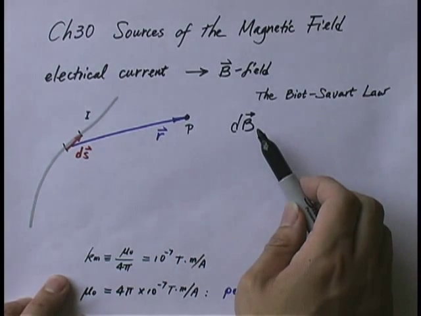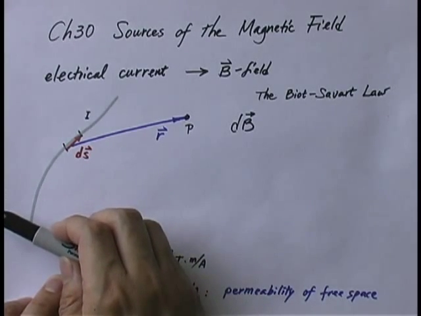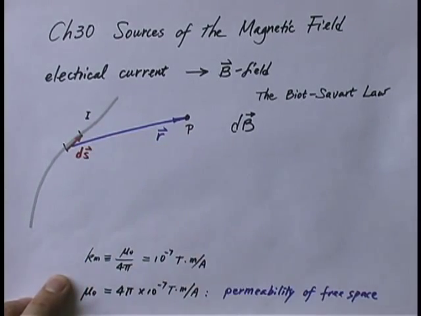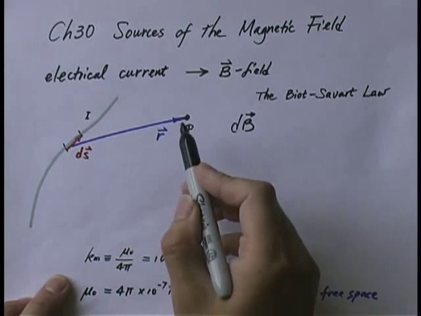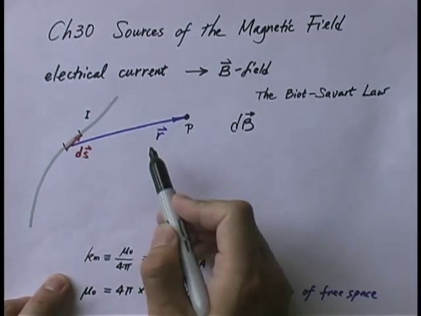Well, it turns out, yes, we can do that. And the argument is totally analogous to that in the previous chapter. Basically, reverse both ds and r and see what happens. That is equivalent to rotating the whole thing by 180 degrees and so on. You can do that argument yourself, and you'll find that because of symmetry, the magnetic field at point P has to be perpendicular to both vectors ds and r.